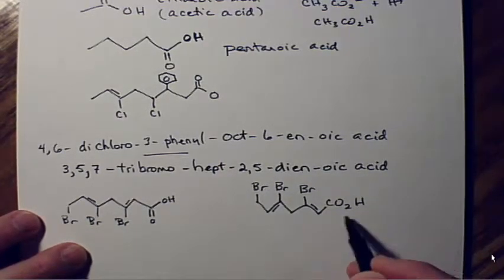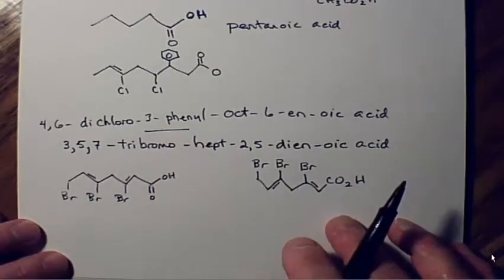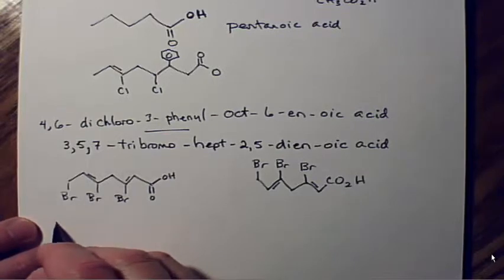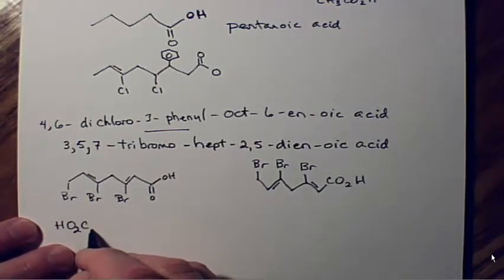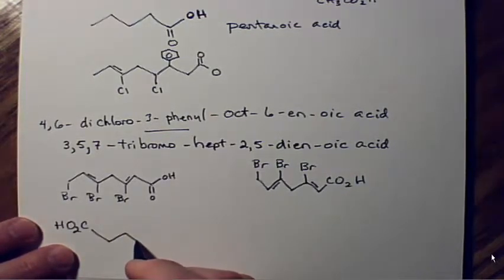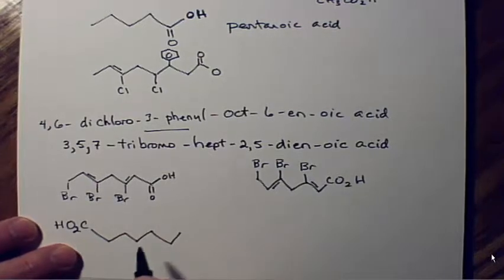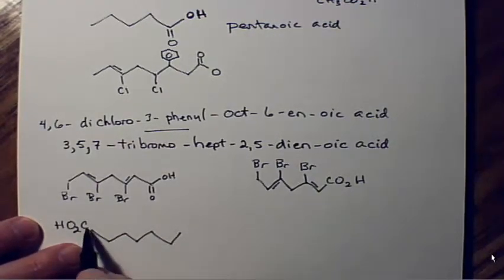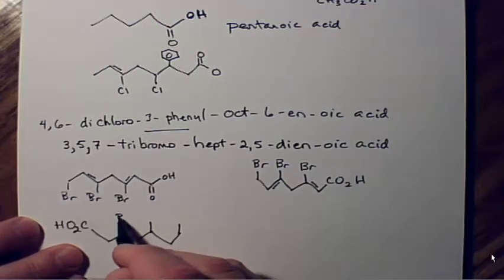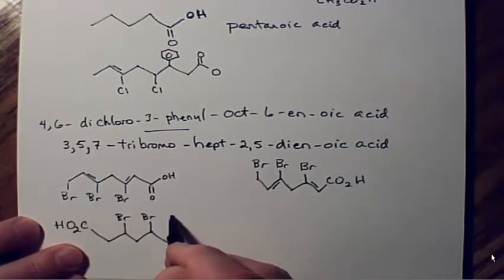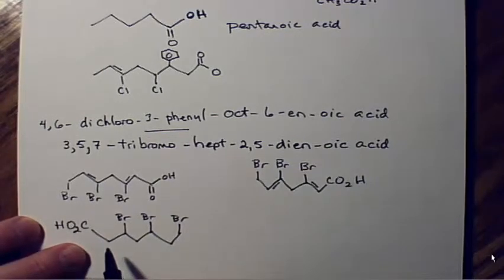I have this written differently though. But you can have the CO2H branching off of the 2R, right? Yes. So here's if I put it on the left, I could do it like this. 1, 2, 3, 4, 5, 6, 7. Bromines on 3, 5, and 7. Double bonds on 2 and 5.